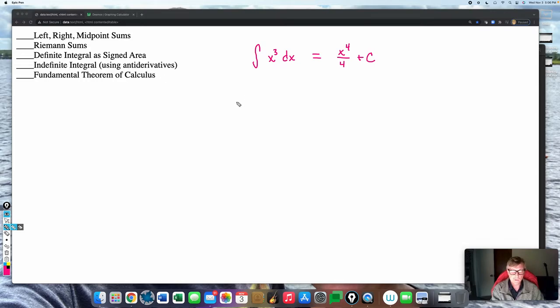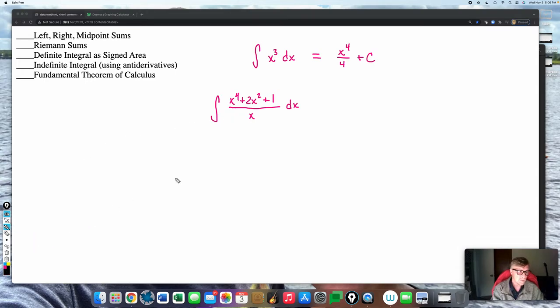So for example, say you wanted to do the indefinite integral of x to the fourth plus 2x squared plus 1 divided by x. We could use the power rule to do this with one exception, and I'm going to leave this undone for a moment. And there's a reason why.